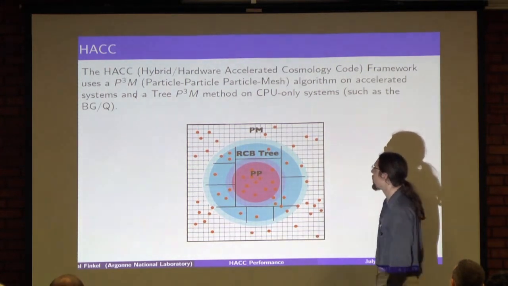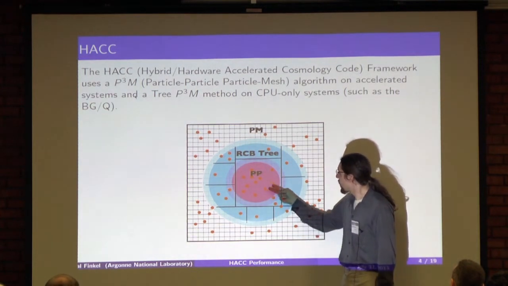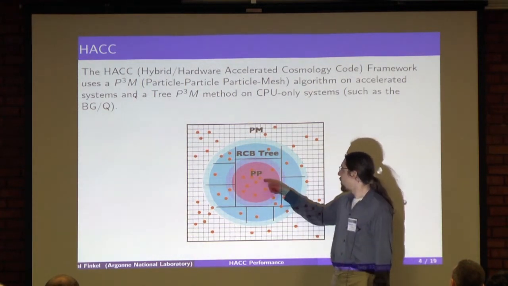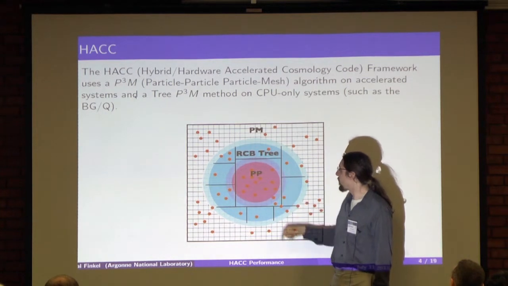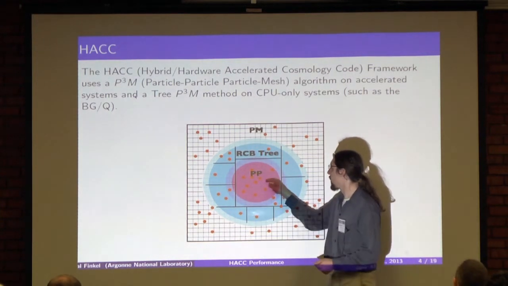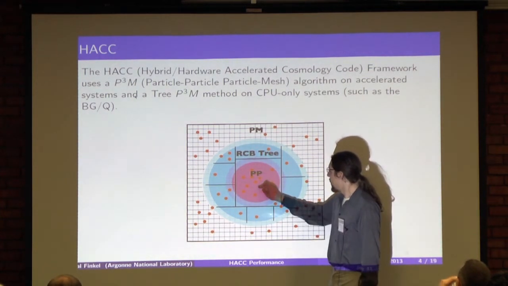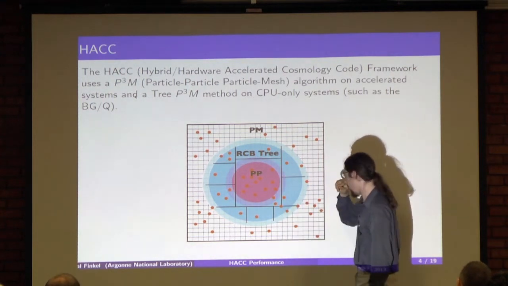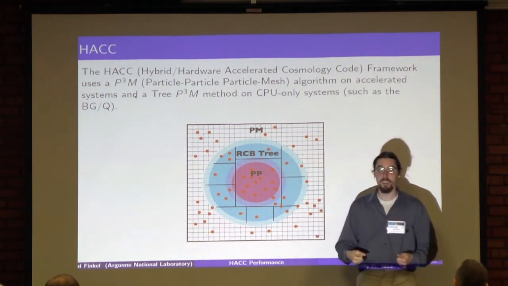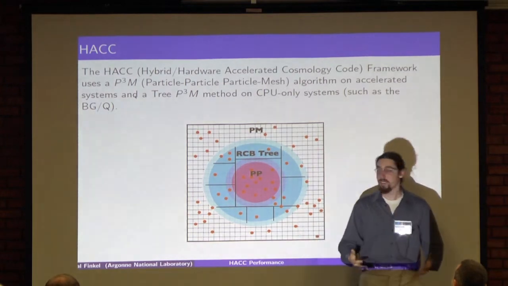The problem comes when you have particles closer to each other than the grid cell spacing, because the force solver is going to smooth out that force. It's not going to give these particles a lot of force between each other. And obviously, since it's gravity and these things are supposed to attract together, if they don't, you get the wrong answer, right?